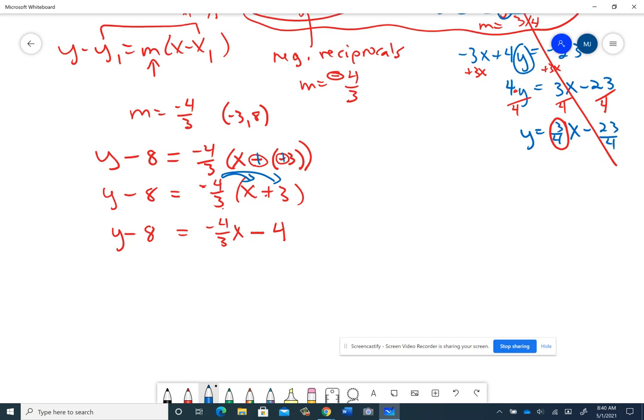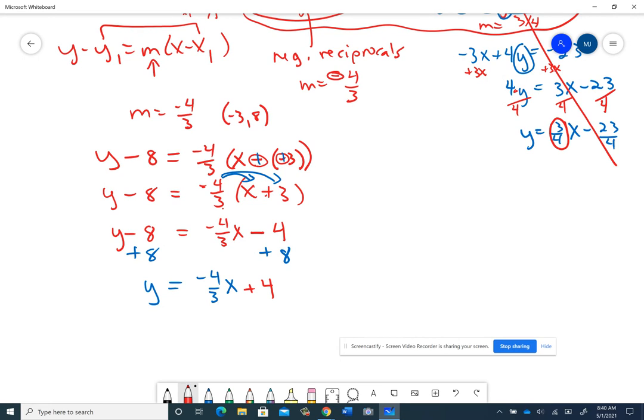Okay. And then on the left, we have y minus 8. So we need to add 8 to both sides to get the y by itself. And we wind up with y equals -4/3 x plus 4.